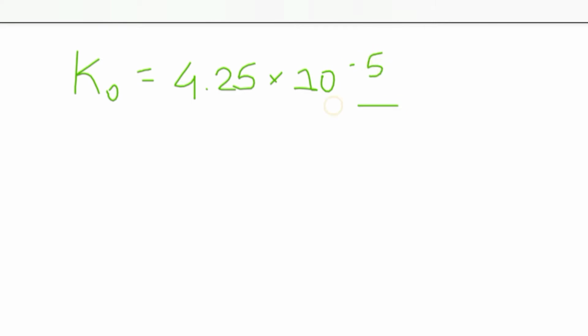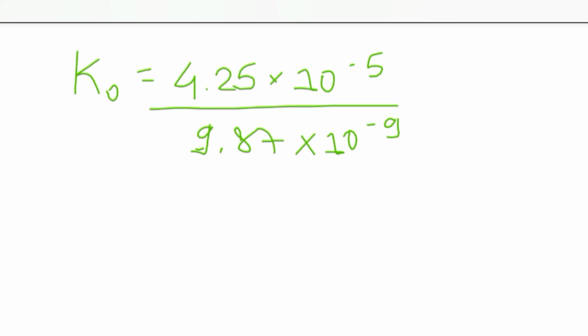So K0 will be equal to 4.25 into 10 raised to minus 5 divided by 9.87 into 10 raised to minus 9. So it is equal to 4307 Darcy.